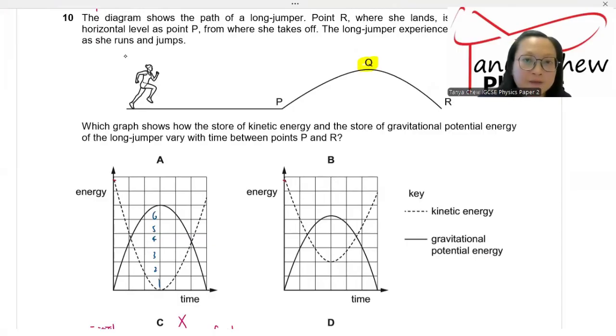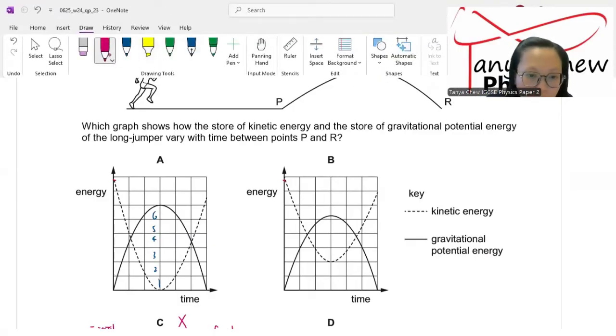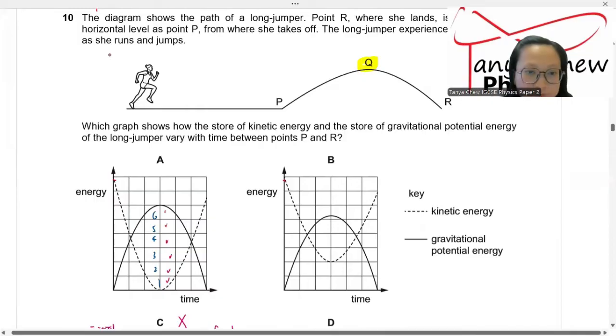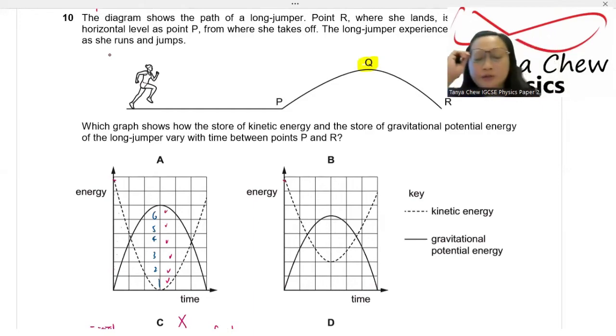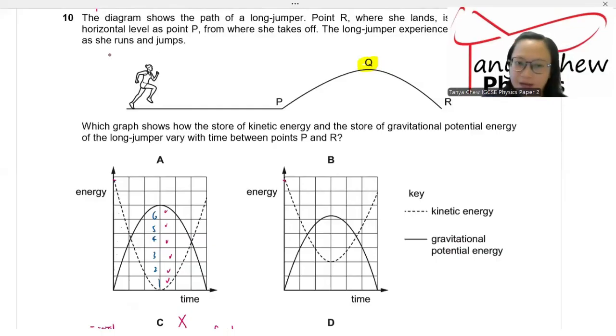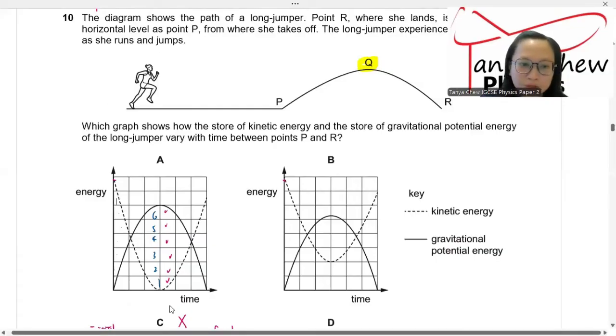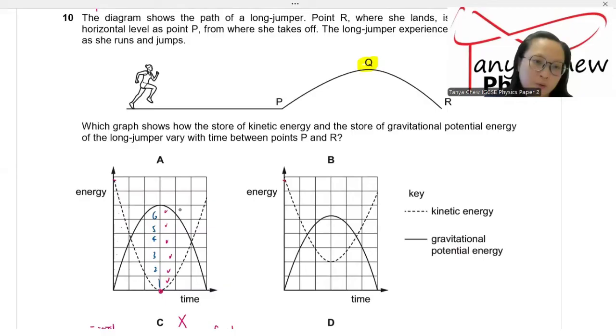Look at A. And then I have 1, 2, 3, 4, 5, 6 boxes for kinetic energy at A. Look at A. 6 boxes for gravitational potential energy and 6 boxes for kinetic energy. This is 1, 2, 3, 4, 5, 6, 7, 8. Right. Could you see that? Okay, it seems like A, that all the kinetic energy, which is minimum, has already transformed to the gravitational potential energy, because look at the kinetic energy drop to zero.